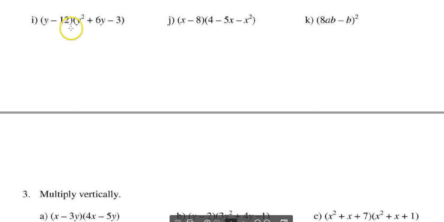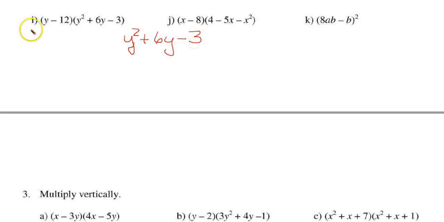Now these can be written out horizontally, but they can also be done as they are asking below to do them vertically. So let's do this one vertically. So we start over here, so we have a little room. Y squared plus 6y minus 3, and then this will be y minus 12.